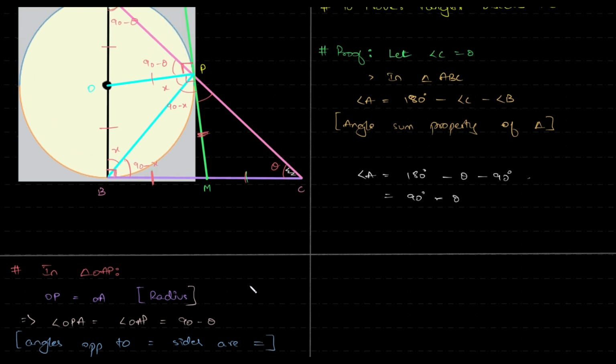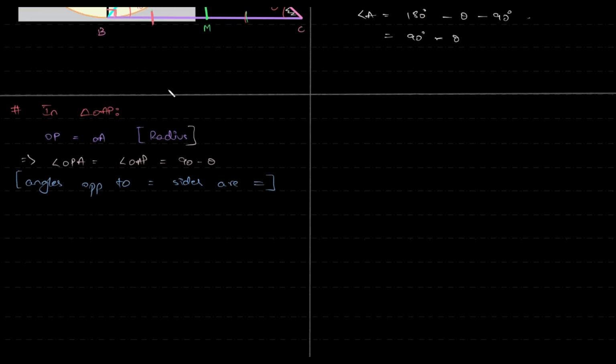Okay, and then our next triangle is OBP. We'll consider triangle OBP. Here again we have OB is equal to OP, they are radius, and so we have angle OBP is equal to angle OPB.